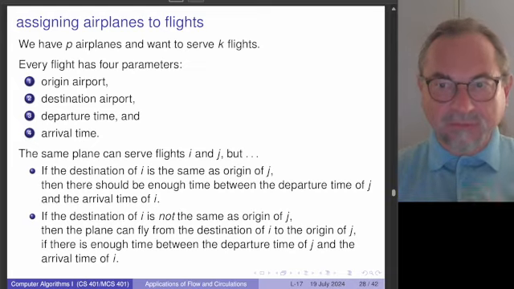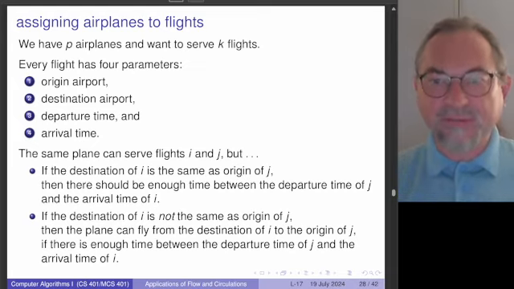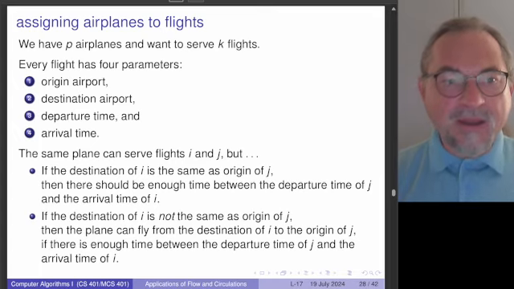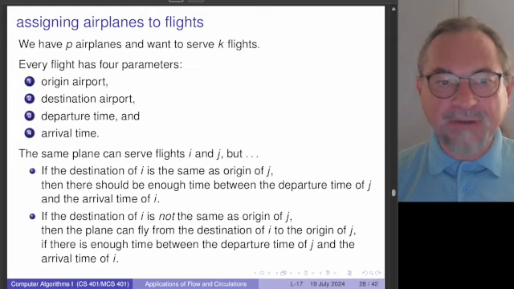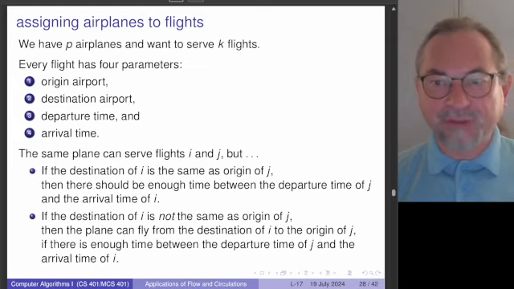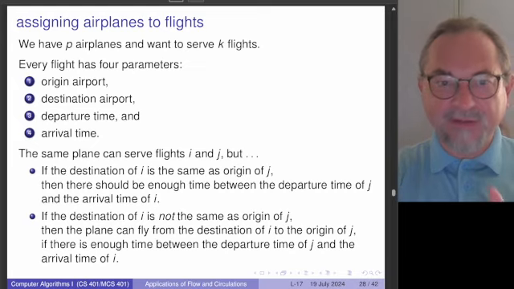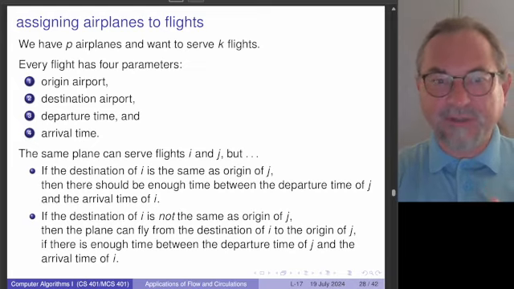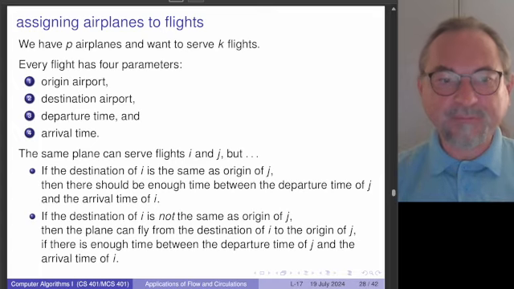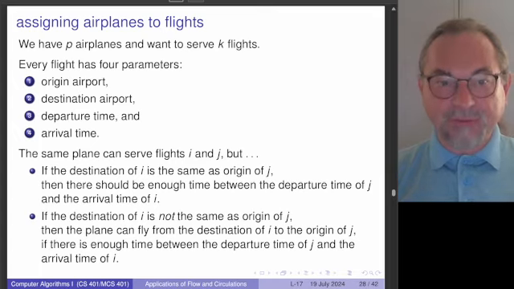The same plane can actually serve different flights, but there should be enough time between the departure time of the second flight and the arrival time of the first flight. That's the time constraint.